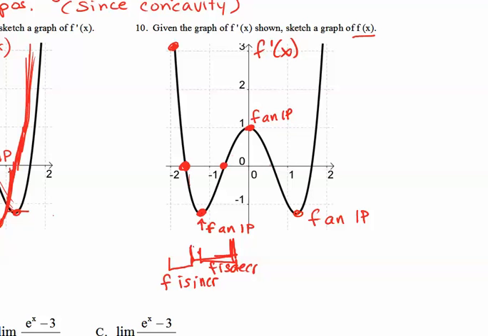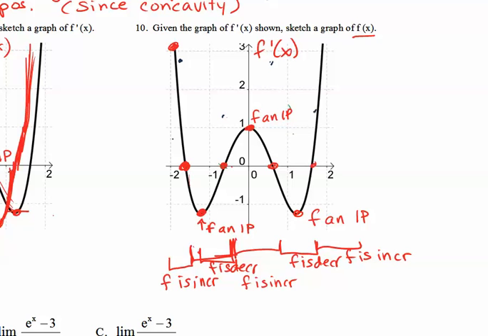So if this is helpful to you, between these two zeros, we know that f is increasing again, where f prime is below the axis, f is decreasing again. So we've got several changes here. And then where f prime is above the axis, f is increasing again.